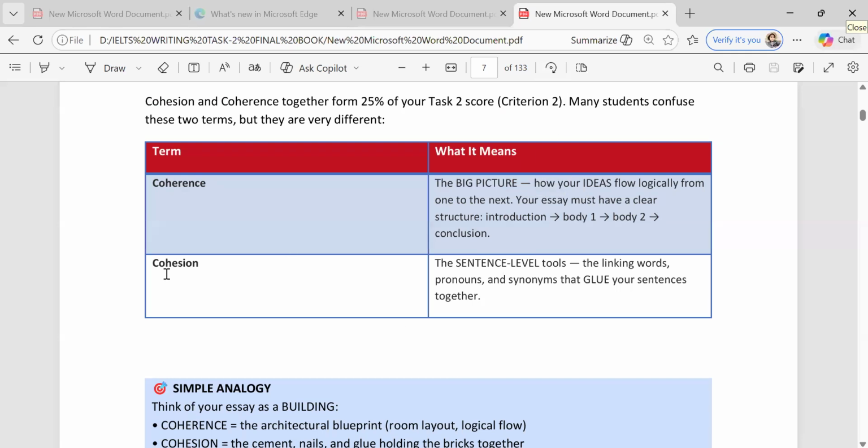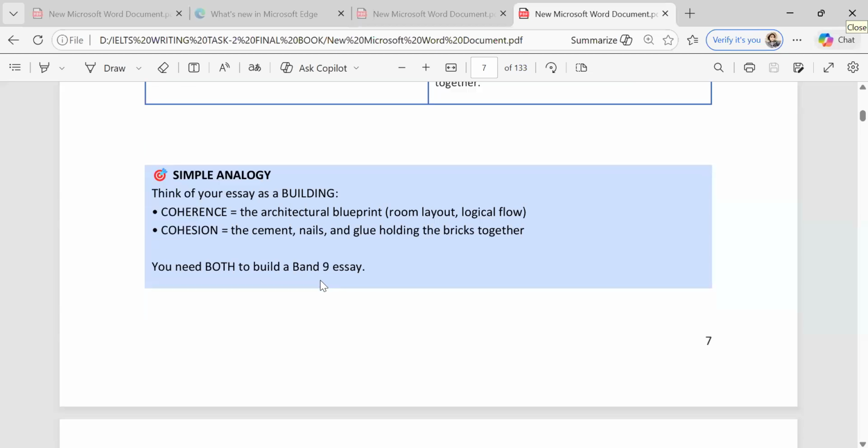And then cohesion means what? The sentence-level tools: the linking words, pronouns, synonyms that glue your sentences together. Let's take an example to give a clearer picture. Coherence is the architectural blueprint, like the room layout and logical flow. And cohesion is the cement, what you link and glue between sentences, like nails and glue holding the bricks together.